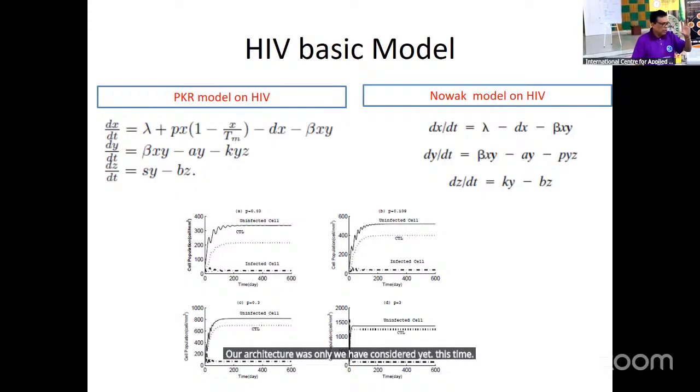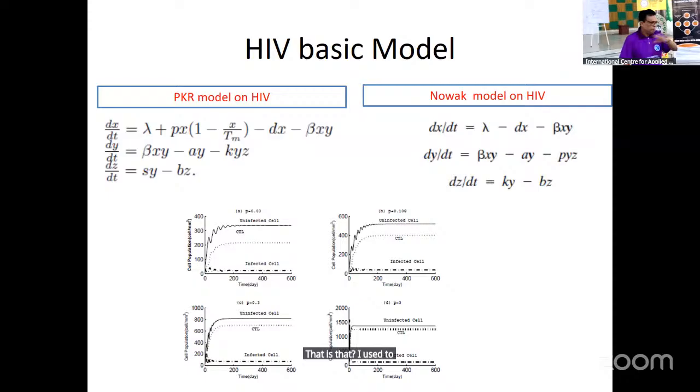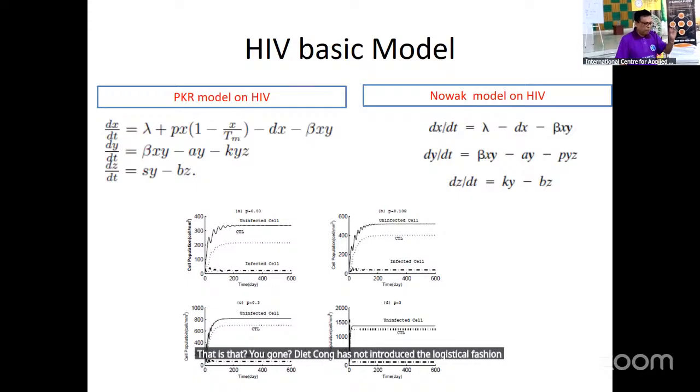That is the logistic form, because Carlson had not introduced the logistic form. We studied so many literatures, and we thought that CD4 plus T cell production will not be unbounded.